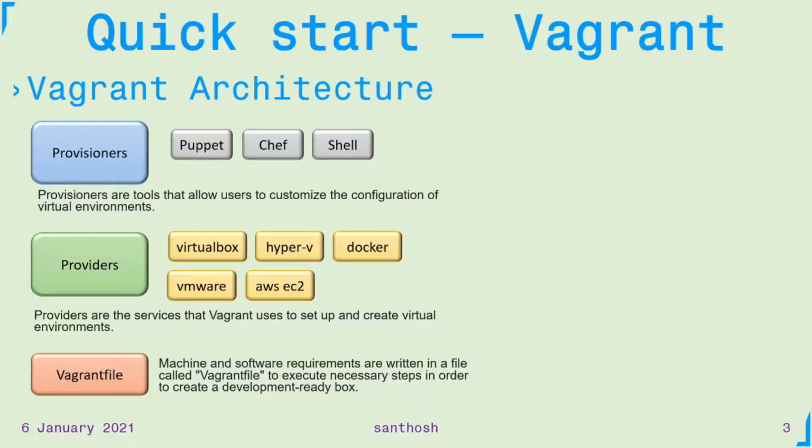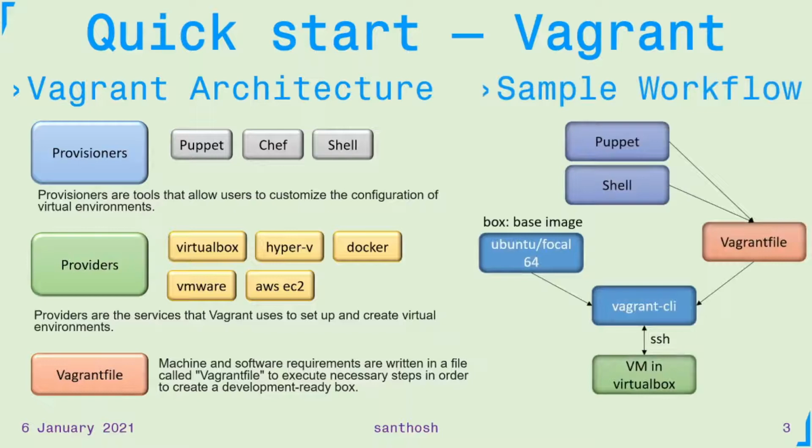Now, the whole configuration, the software, and the machine requirements are written in a file called Vagrantfile. So here you see a sample workflow which we will also be seeing in this video. We define the whole configuration in this Vagrantfile. Vagrant is a command line tool, and the whole commands will be taking place in the Vagrant CLI.